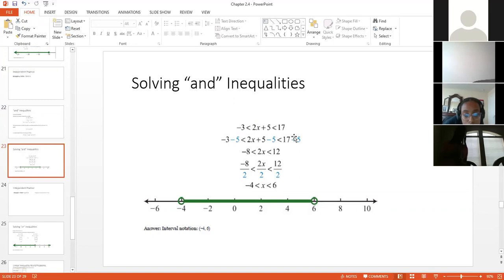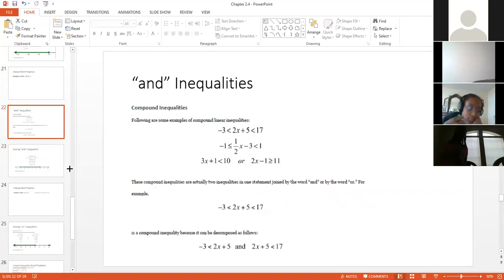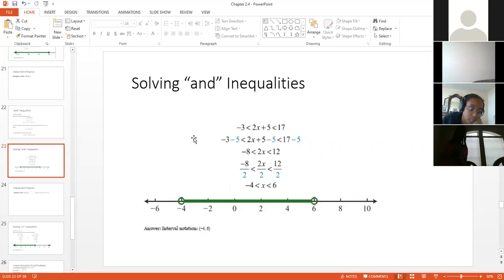Solving and inequalities is pretty easy if you decompose them. But you can also solve them without decomposing them. It just requires more precision. You want to isolate the variable x, so you subtract 5 from the left term, the middle term, and the right term.